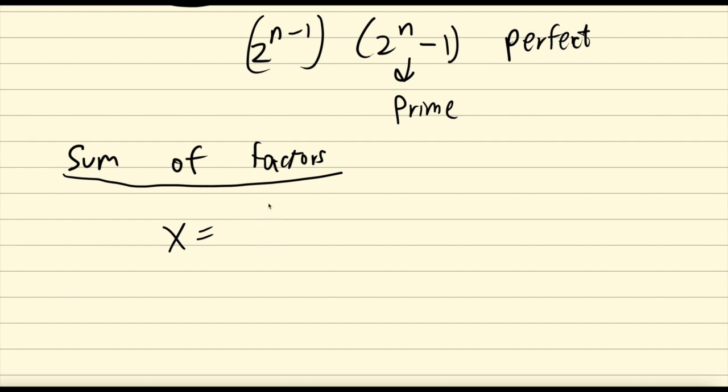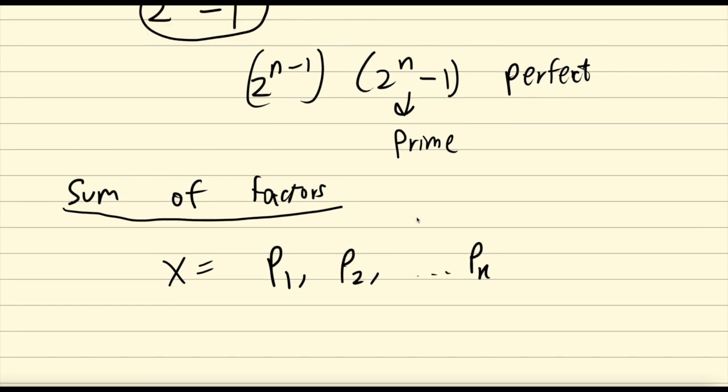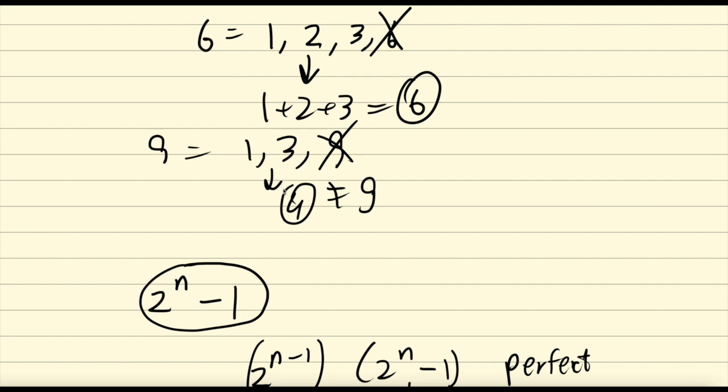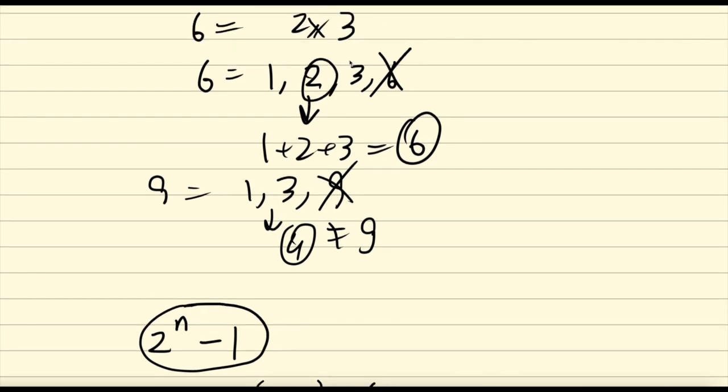Well, basically if you take all the factors of x, and let's say in the factorization of all the factors of x, you find these prime numbers. Like in the factorization of 6 you found 2 prime numbers. Factorization of 9 you found 1.